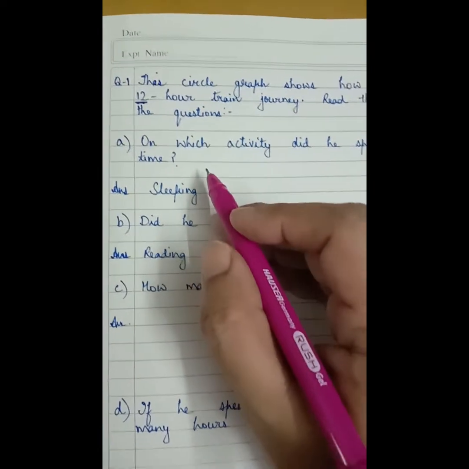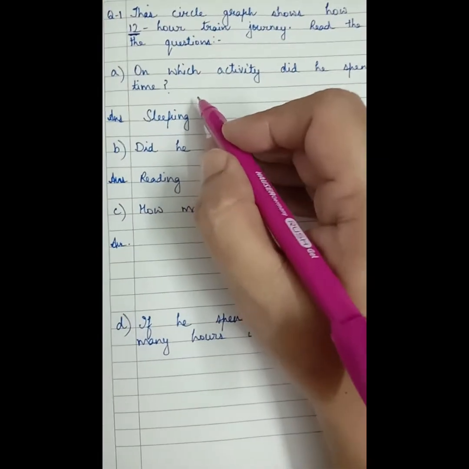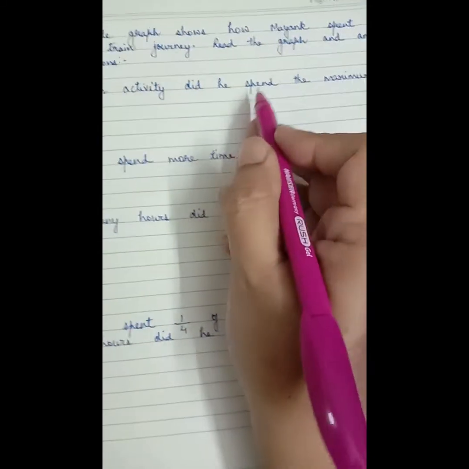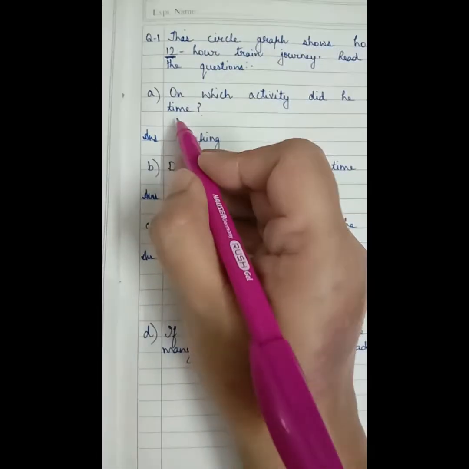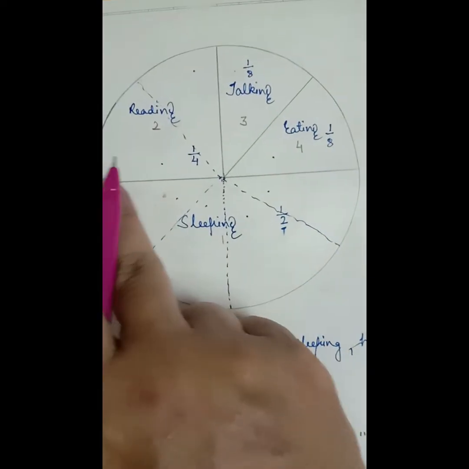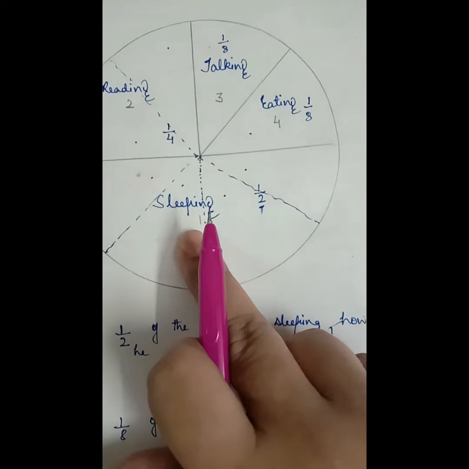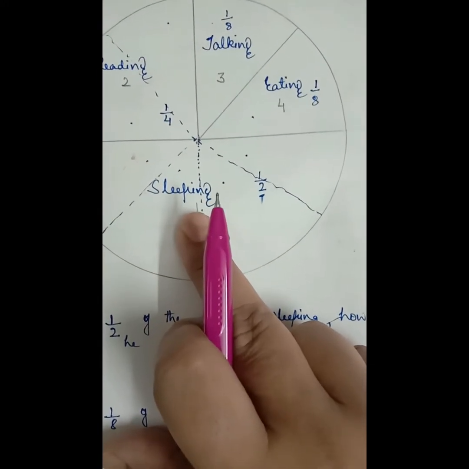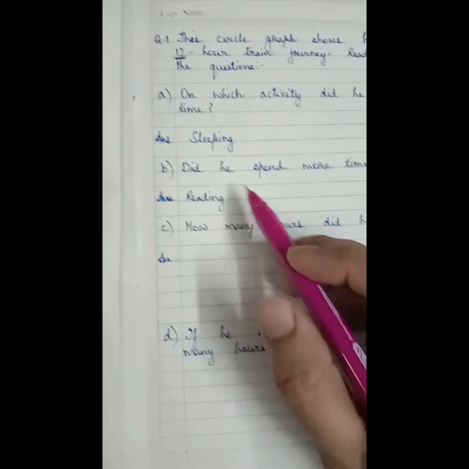Now read the questions and answer them. On which activity did he spend the maximum time? Now look at this circle graph. Sleeping was this much, half part. So he spent maximum time on sleeping. So the answer is sleeping.